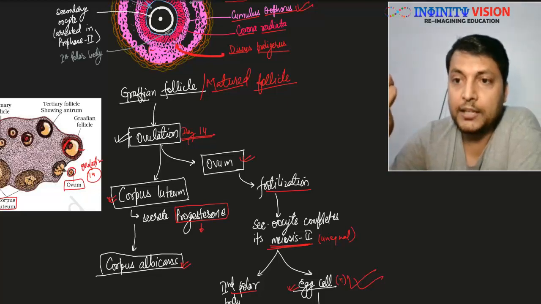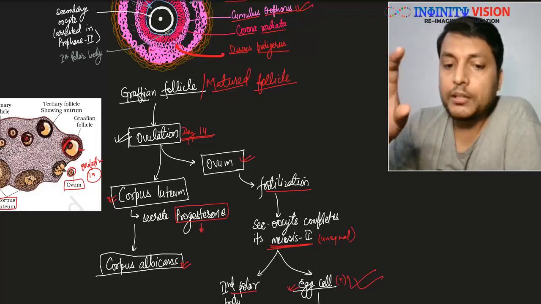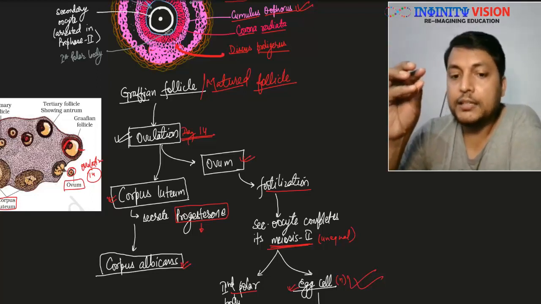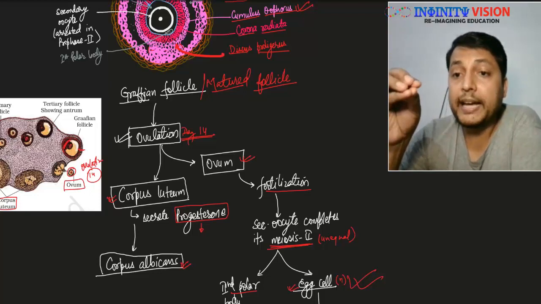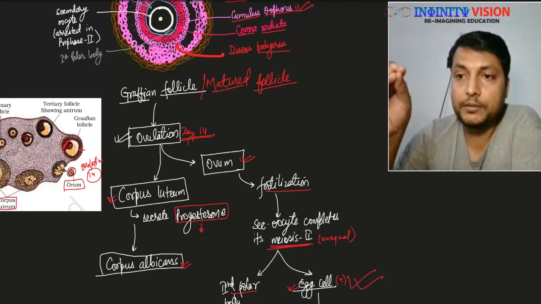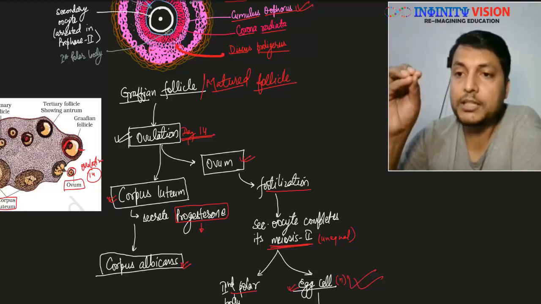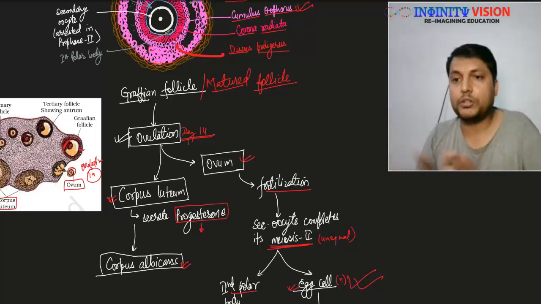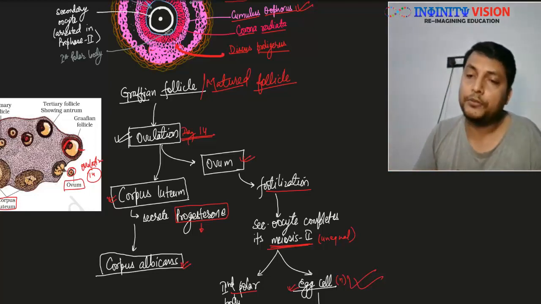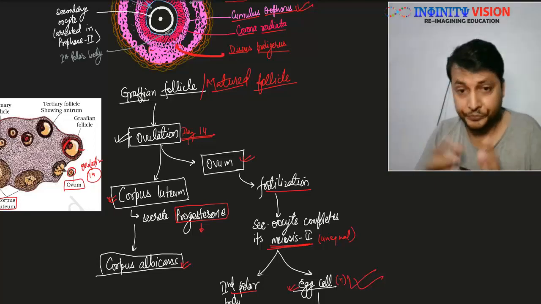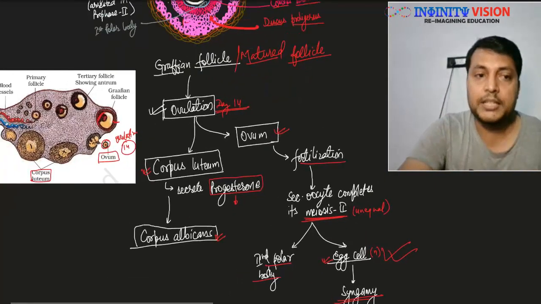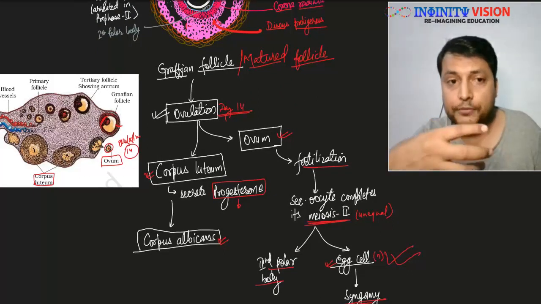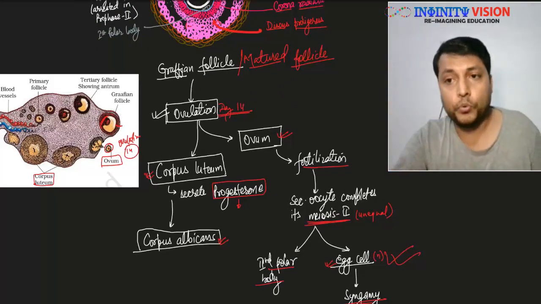Okay, and finally, once the egg cell is formed, the egg cell cytoplasm also has the male nucleus, that is the sperm nucleus. Now the two nuclei will fuse, syngamy will happen. The process is called syngamy and the zygote will be formed. Well, so this is how it happens, and this whole development of the ovarian follicle occurs in the ovary.